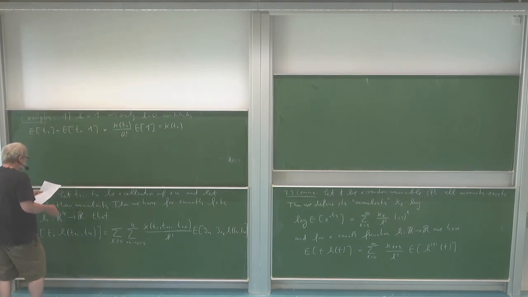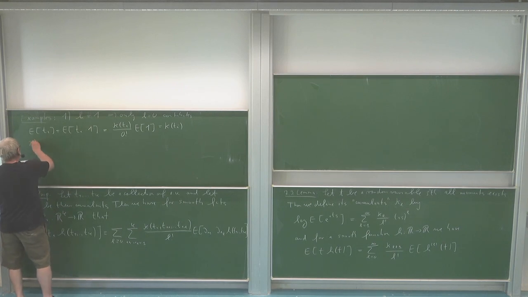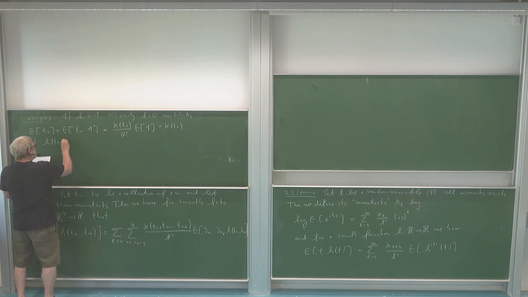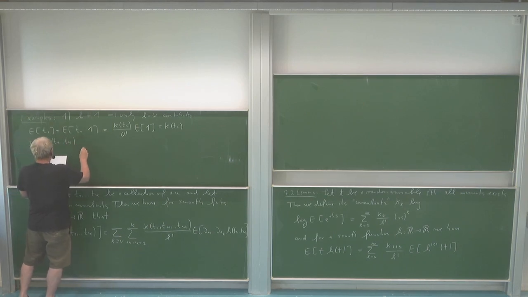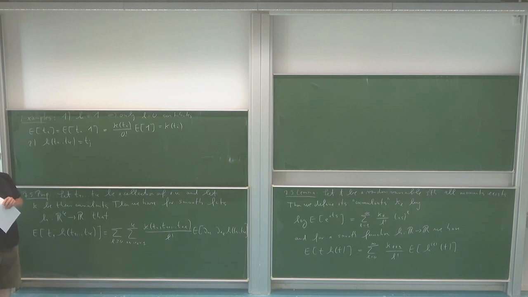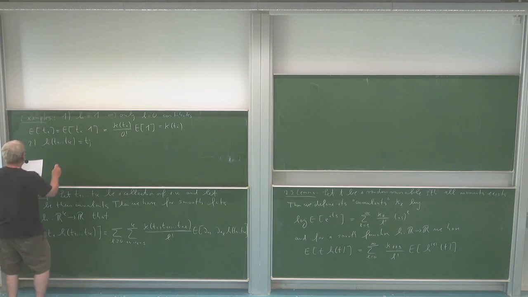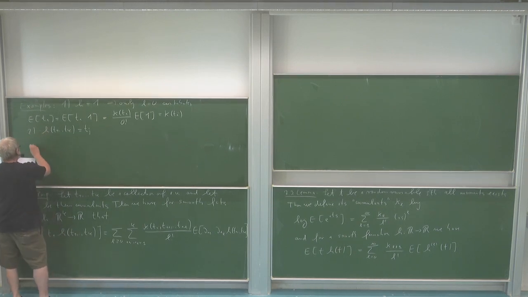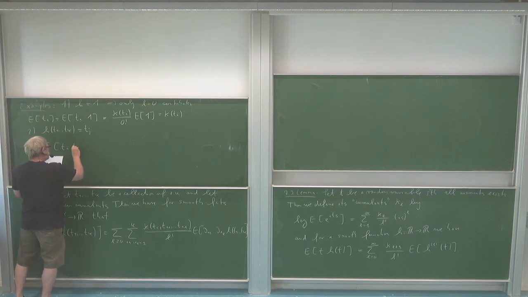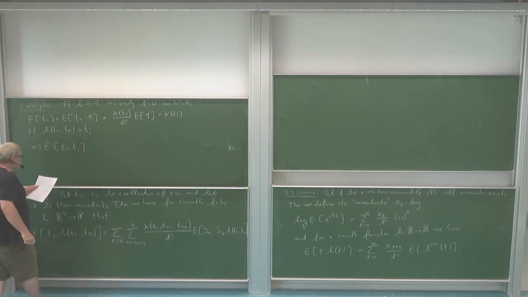Good, but it's more interesting if I now go on. So now I take for my function h just one of the variables, let's say Tj, so that if I multiply this with Ti, I have the second moment Ti Tj. What do I get then? I have the expectation of Ti times Tj, the second moment.